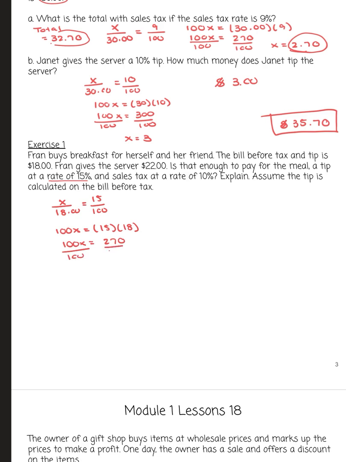Divide both sides by 100, and we get x is equal to $2.70. So this represents the tip. If she wants to leave a 15% tip, that's how much.